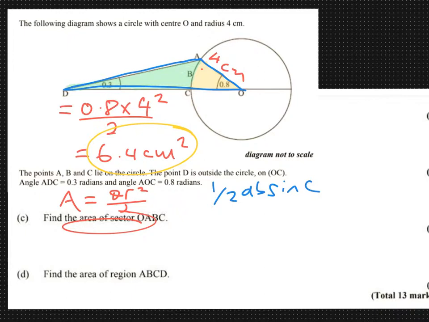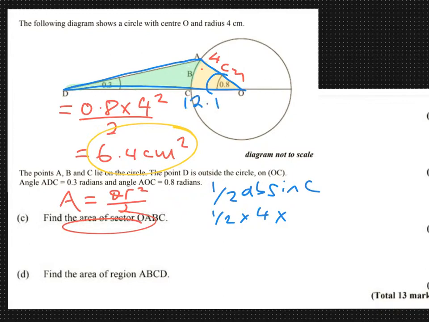So there's a number of different ways that we can use this, but let's use this angle here as our angle C. So we'll have half times a, which is going to be 4, multiplied by b, which is going to be our length DO, which we found out previously was 12.1.